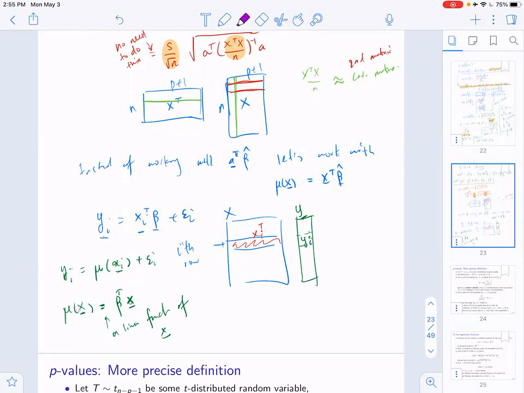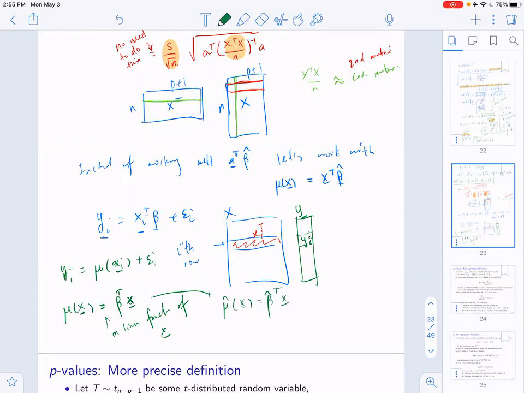So the advantage is that now I can ask for confidence intervals for this whole function. If you give me a new x that I haven't observed, I can evaluate this. If I have an estimate of the regression function, this would be a plug-in estimate. I just plug in beta hat.